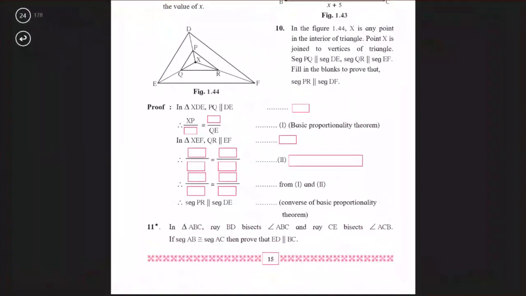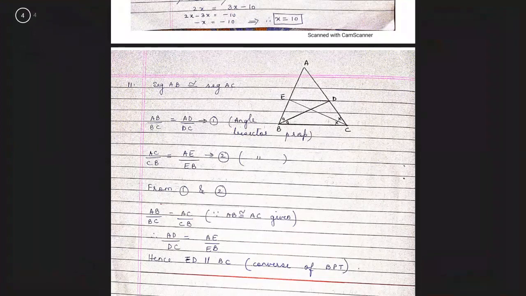So what we'll do is we use angle bisector property. You are given BD is the angle bisector of angle ABC. So we write AB upon BC is equal to AD upon DC. Okay, that's your equation number 1, angle bisector property.